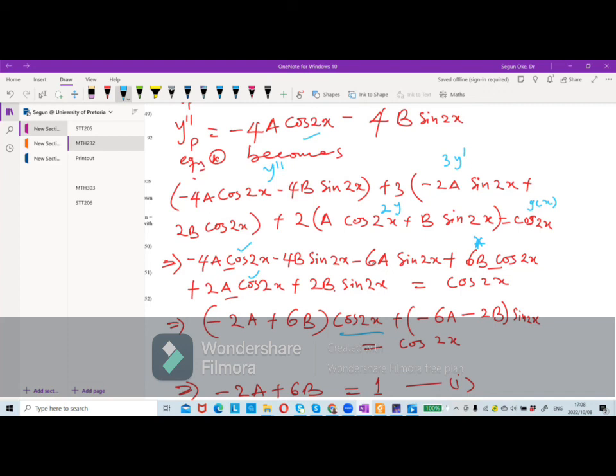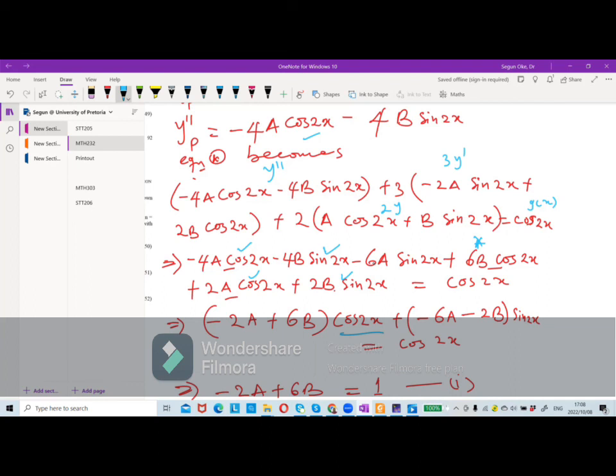Then let's continue. We still have another one, plus sine 2x. Let's look at sine 2x. Here is sine 2x, yes, this is negative 4b sine 2x plus 2b sine 2x.